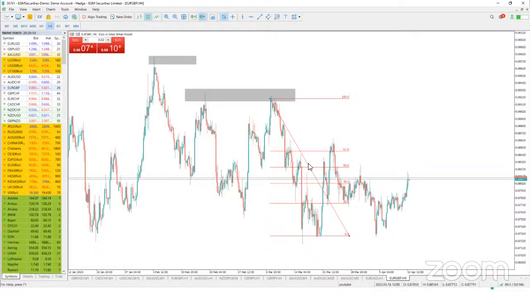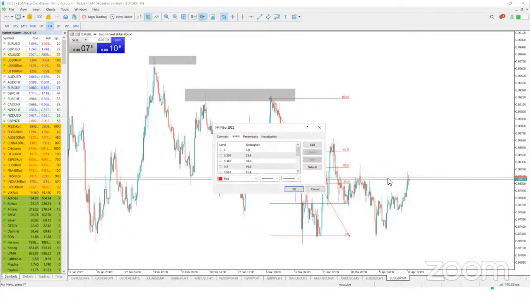So in this case, just to cut this long story short, and for this Fibonacci, because we're focused on the premium and the discount zones, I'm going to edit this Fibonacci so I have my 50 level only. I can just right click and edit. I will delete that level, I delete that 78.6, I don't need it.